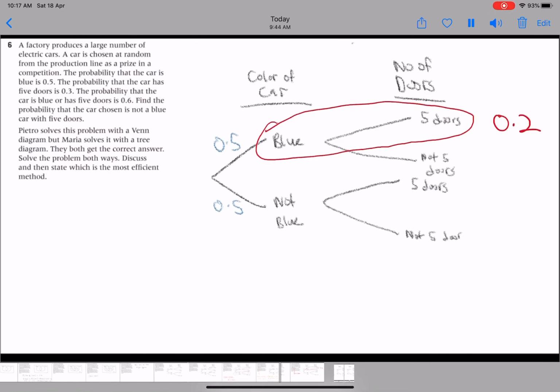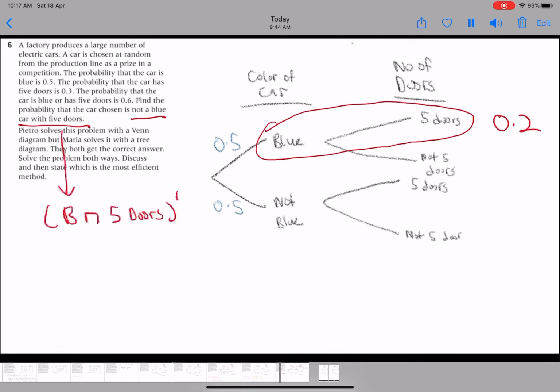Now, the question says not a blue car with 5 doors. Blue car and 5 doors is this, blue intersect 5 doors. If I want the not, it's just the complement, the prime.